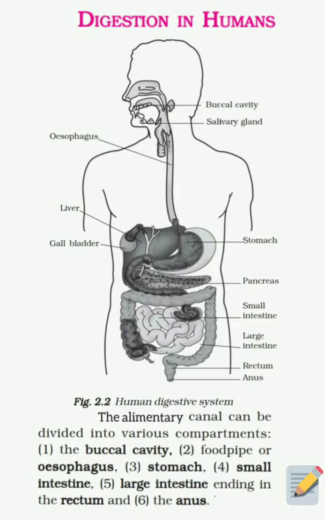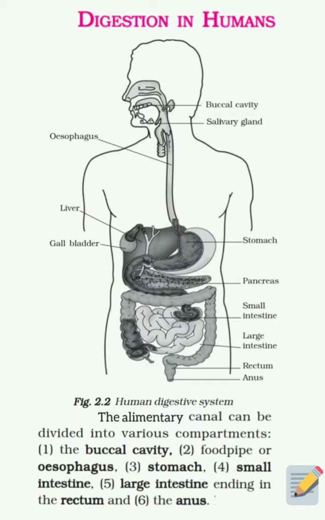All these parts that I have listed now, from number 1 buccal cavity to number 6 anus, combine together to form a single canal which is known as the alimentary canal or the digestive tract. The food components gradually get digested as food travels through the various compartments of the alimentary canal.